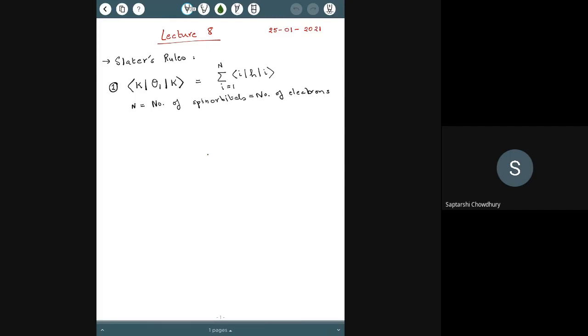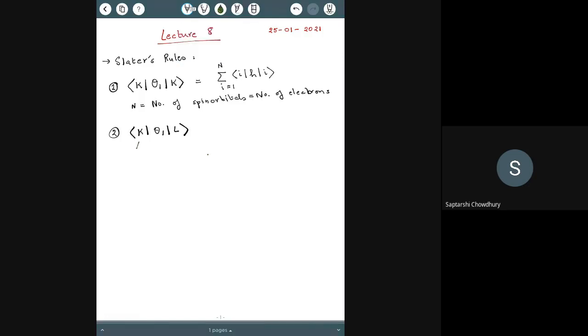So this is lecture 8 today. This is the first Slater rule that I have written. Then the next one we want to do is again an expectation value of the one electron part of the Hamiltonian, but between two different determinants. And how do the two determinants K and L differ?